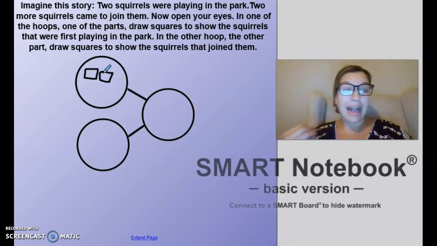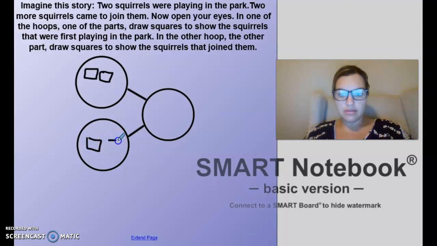Does anyone remember how many more squirrels came to join them? 2 more. Very good. So that's my other part. So we're going to go 1, 2. Now we have to figure out our whole.